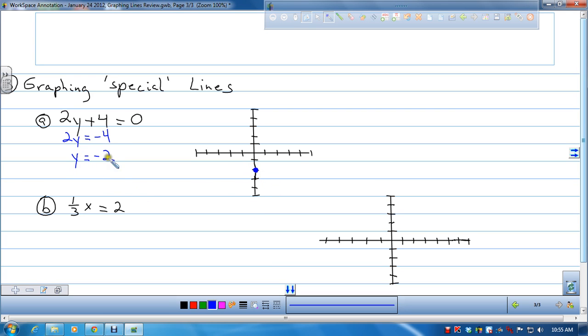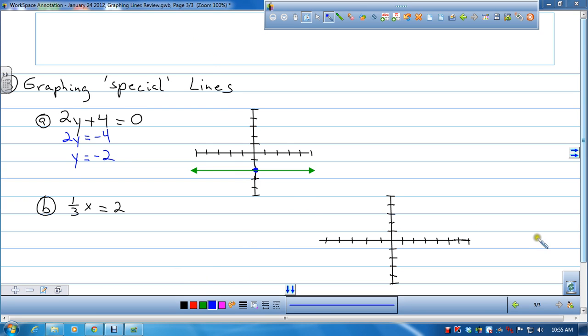All right, y equals negative 2. Well, if it's got a y-intercept, there is no x, therefore there is no x-intercept here. So it is a horizontal line. Okay? It has a y-intercept and no x-intercept. That means it has to be a horizontal line.